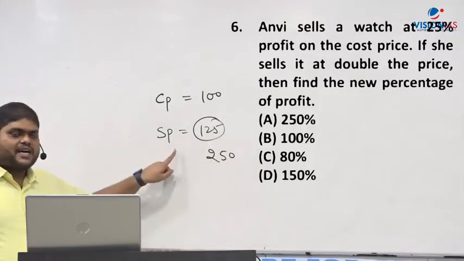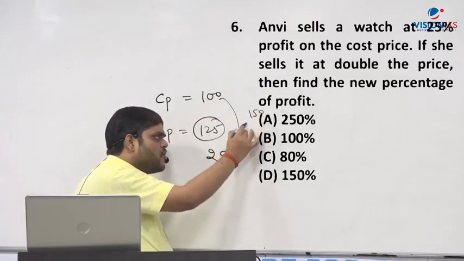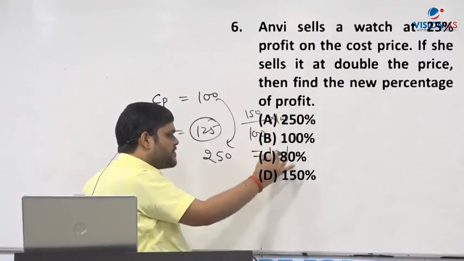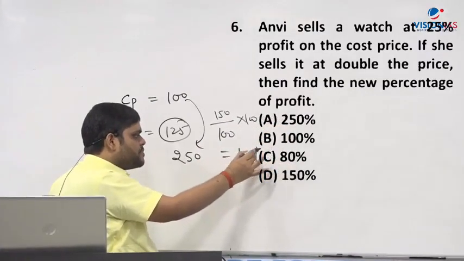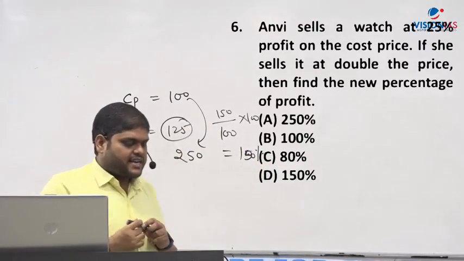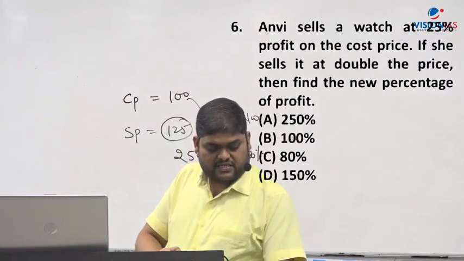The new selling price becomes 250. So what is the profit? 150 upon 100 into 100, that becomes 150%. D is the correct answer.